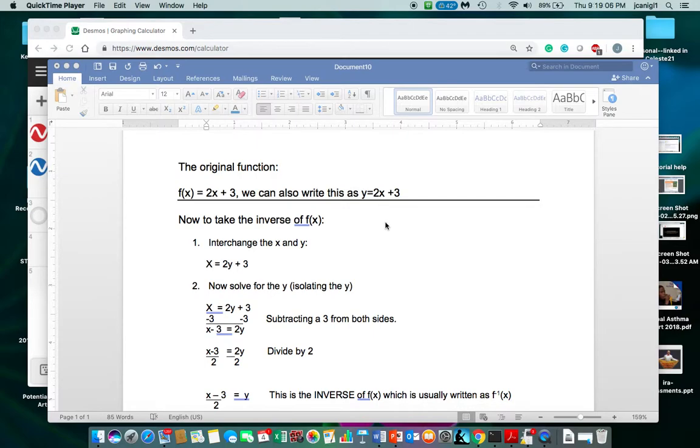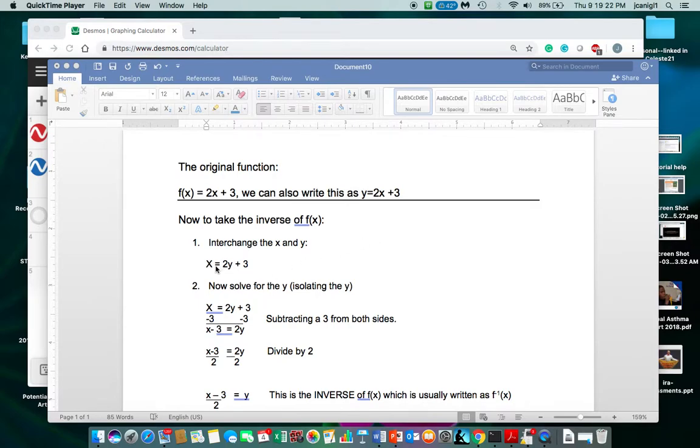So now to take the inverse of it, if we think about what the word inverse means, it means really to switch things up. So that's what we're going to do. We're going to interchange the x and the y values.